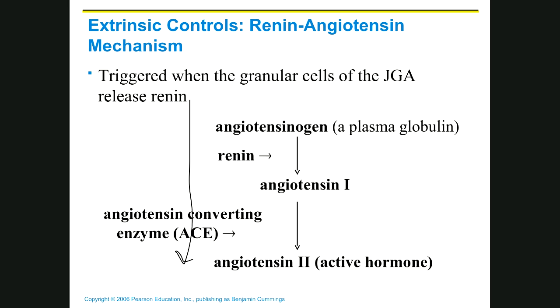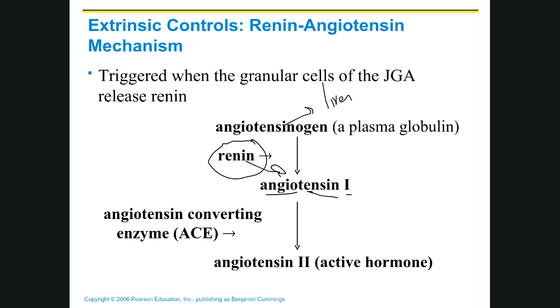It triggers a cascade. Renin converts something that's already in the blood, made by the liver, called angiotensinogen. Renin converts it into angiotensin 1. Look at this word.